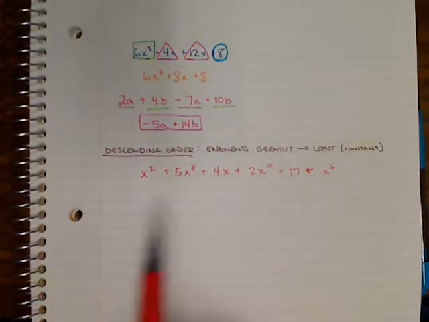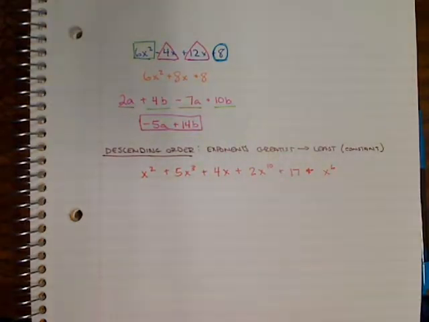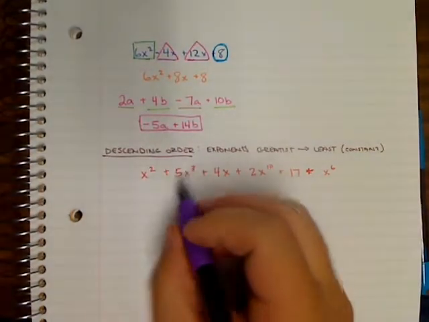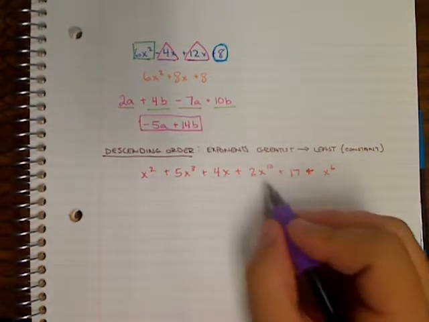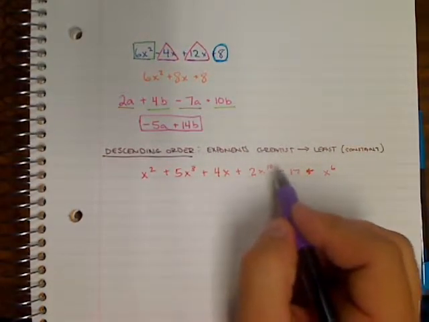Say it was this problem and they wanted you to rewrite it into descending order. I'm looking at the exponents itself, not the coefficients. Number one mistake I see there is people look at the coefficients. I don't care about the coefficients. I just care about the exponents.